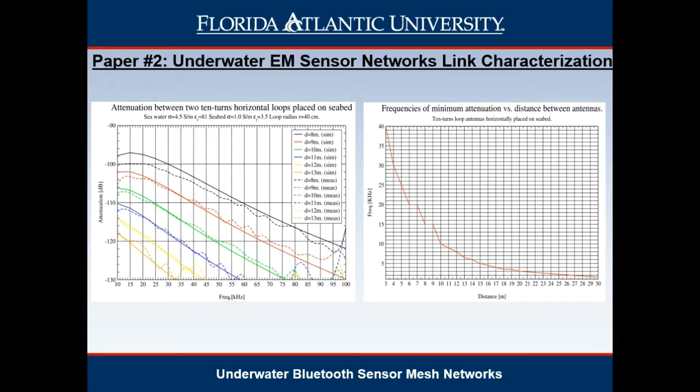What you will note here is that for all of these results, the higher the frequency, the larger the attenuation. And of course, the farther apart the antennas are, the larger the attenuation.